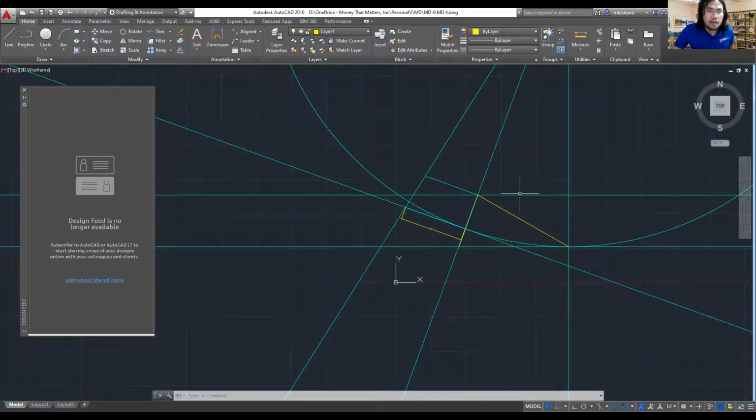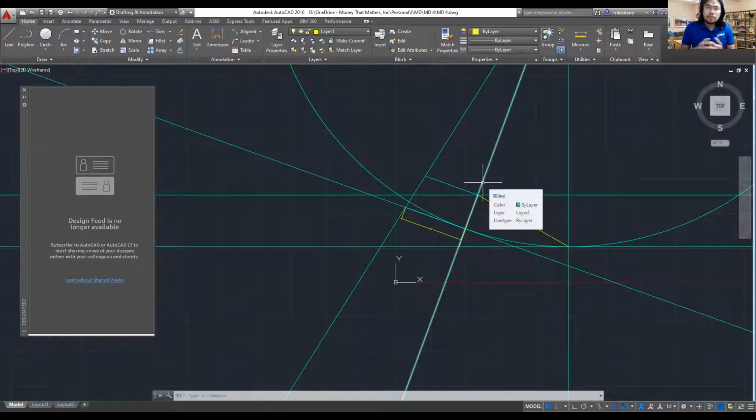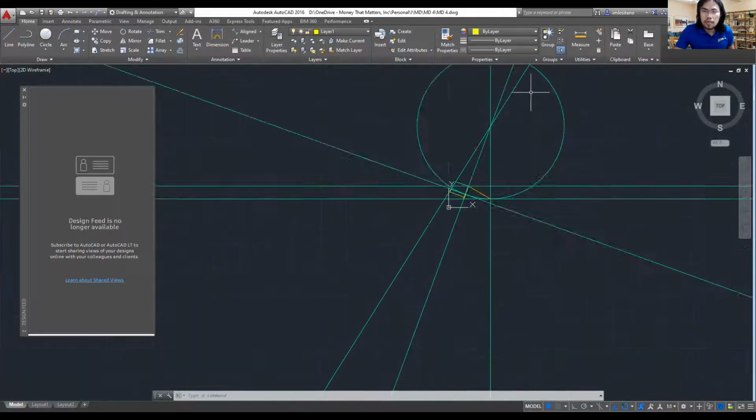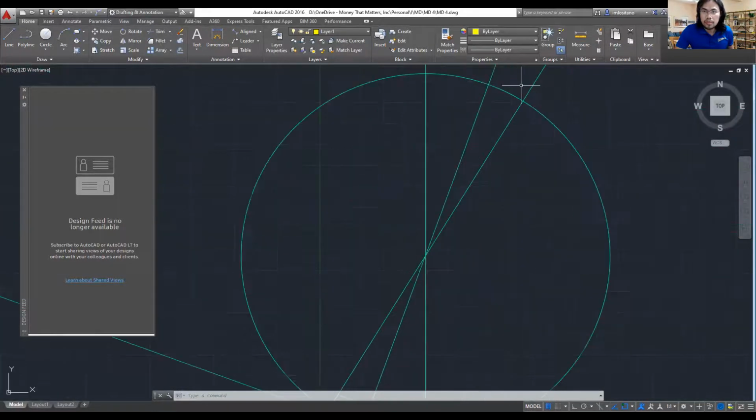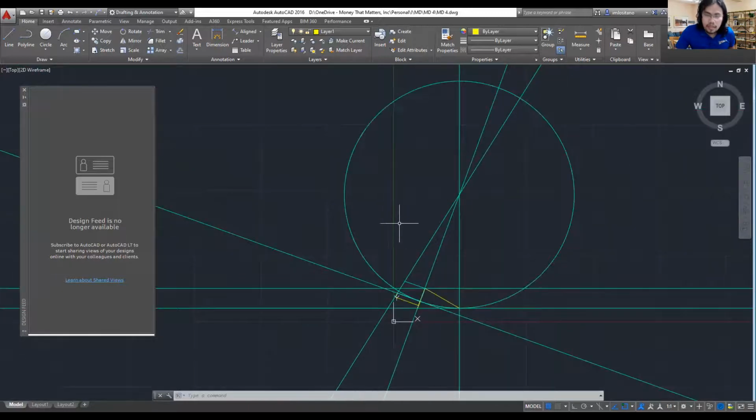All right, so this is a very simple method to use, using just the geometrical properties of the velocity properties using the IAOV. Okay, so that's how to use the instantaneous axis of velocity.